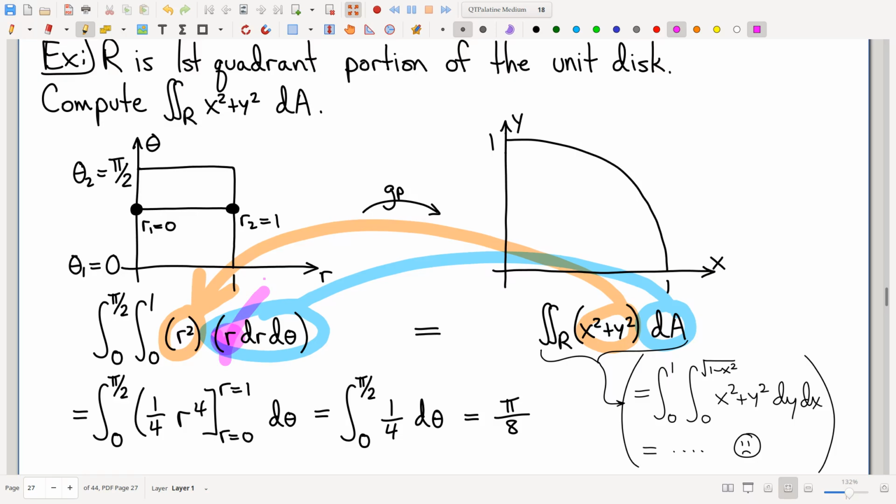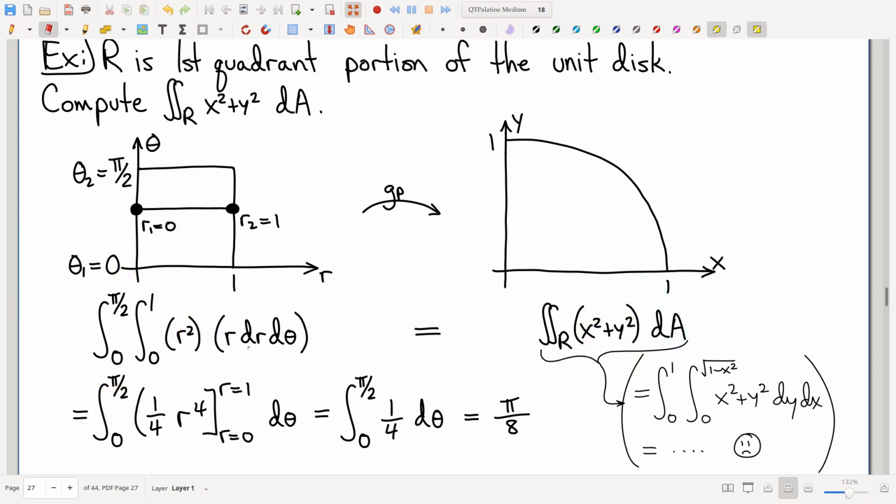The only thing that remains is to indicate the bounds on our pullback domain. Our pullback domain is a rectangle. Boom. There's the bounds. You've got to love rectangles, and we're in business. We have successfully now turned our undesirable integral over here into a new, highly desirable integral here.